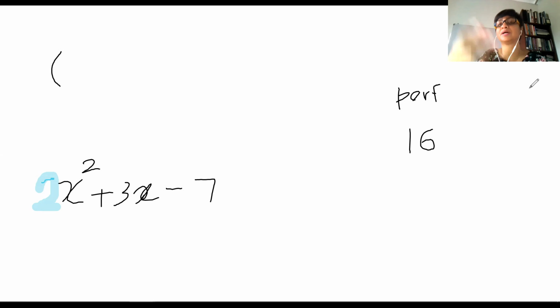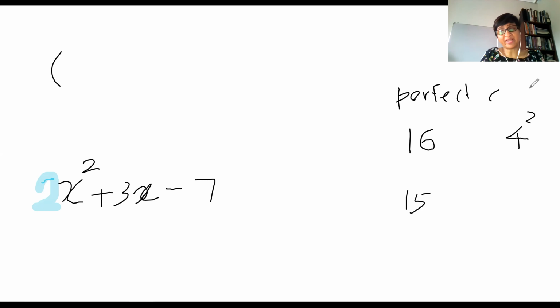So there is nothing to complete in that. It's already a perfect square, right? So if I write it in square form, 4 squared. But if I have, say, 15, it's not a perfect square. So I have to complete it into a square. I can do the completing square process to it.